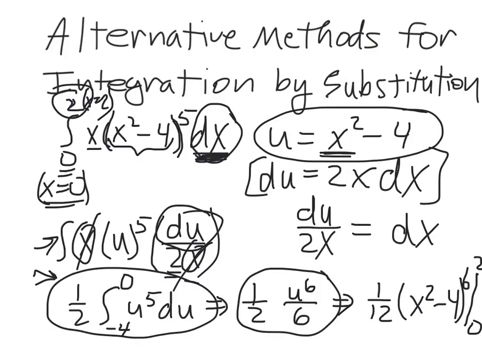So rather than changing this back to terms of x and then using 0 to 2, we can keep it in terms of u and use -4 to 0. So let's go to the next page and show both parts and show that we get the same answer, just a little different way of using the variables.